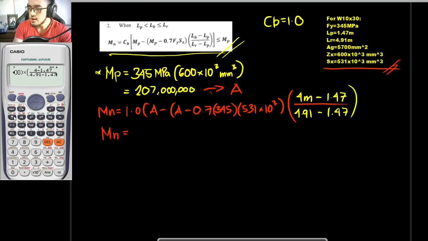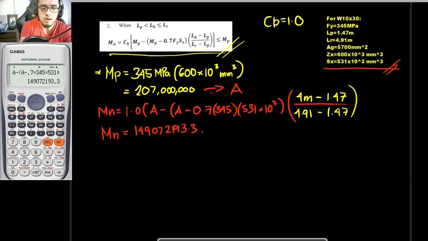And our answer here would be 149.072193 Newton millimeters. And for the value of phi-Mn, we would just be multiplying this by a reduction factor of 0.9 since we are to use LRFD.